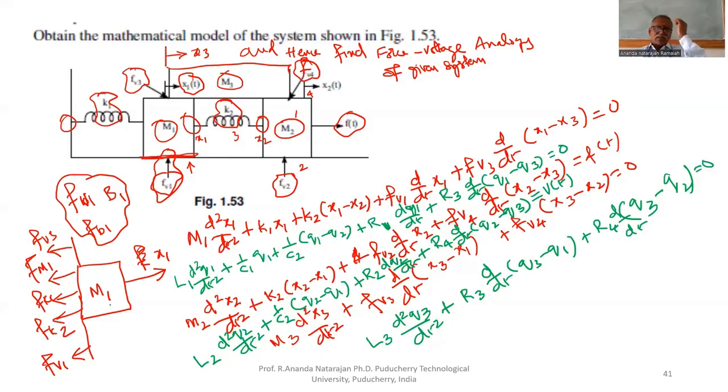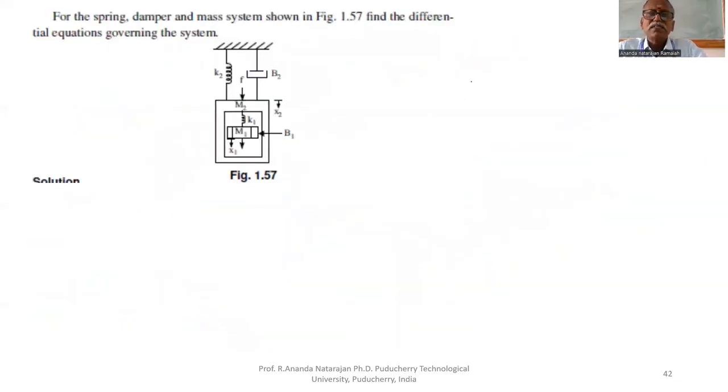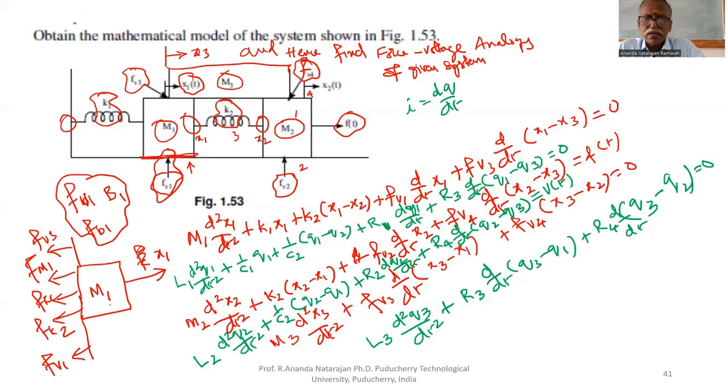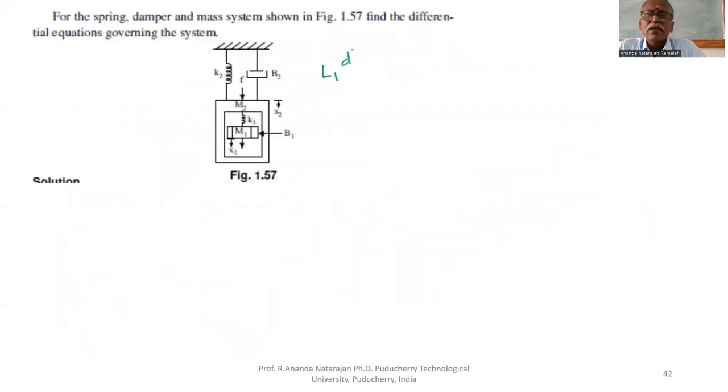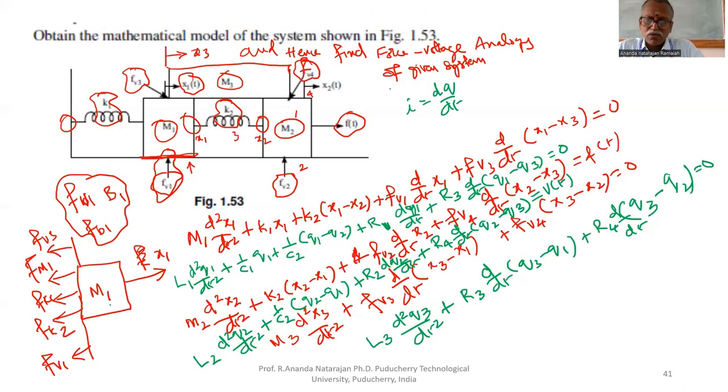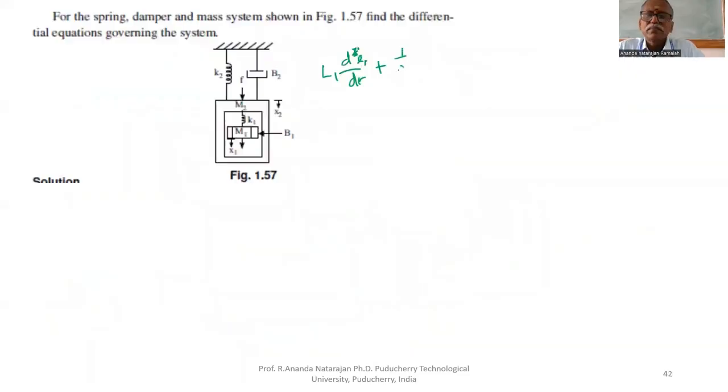Now we can write all these equations in terms of current. We wrote in terms of charge. We know that I equal to dq by dt. Replace in terms of current. What you will get? The first equation is L1 di1 by dt plus 1 by c1 q.